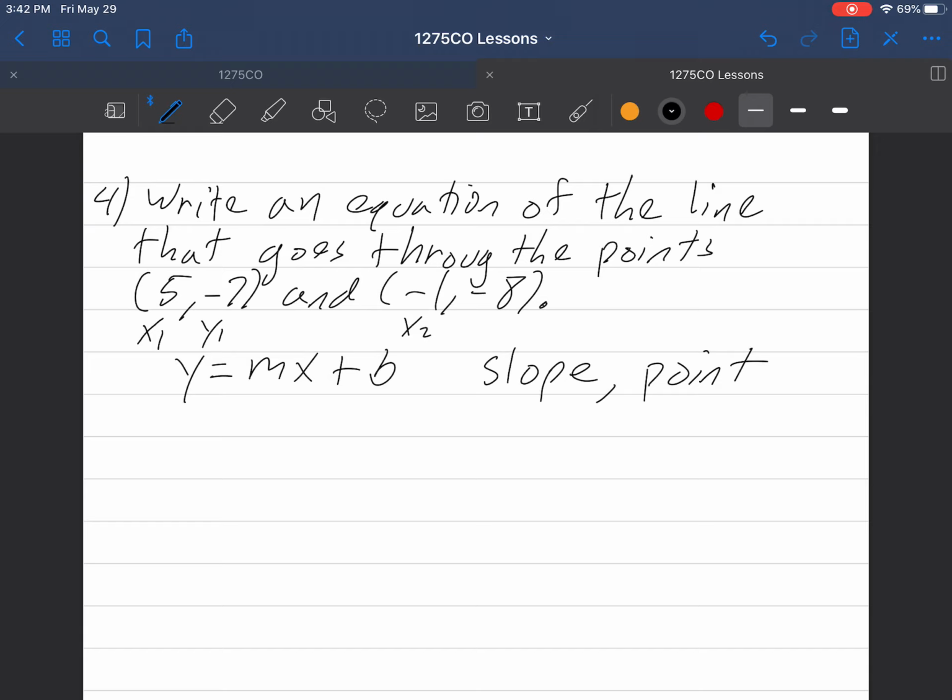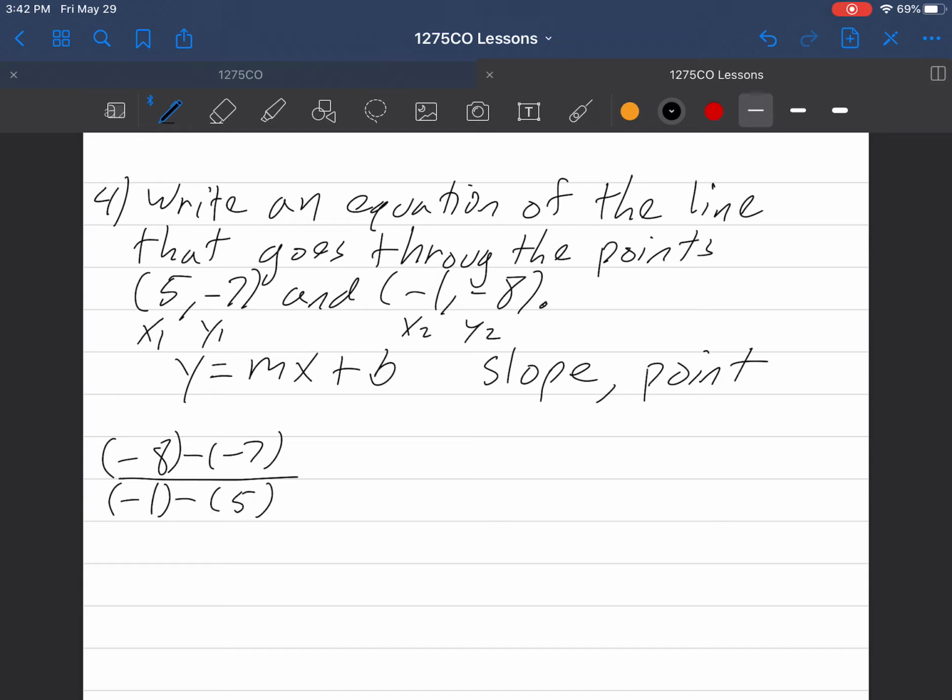Let's find the slope. Since we're given that this line has to go through 2 points, that means we can use our slope formula, y2 minus y1 divided by x2 minus x1.